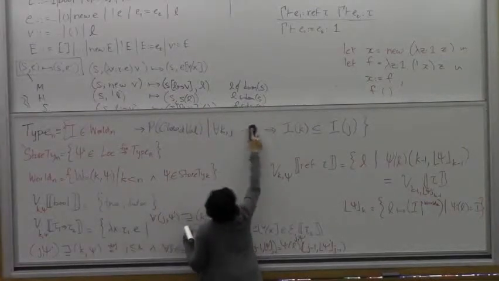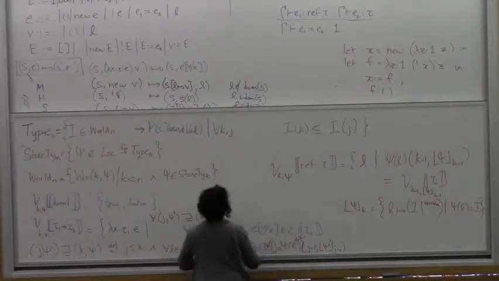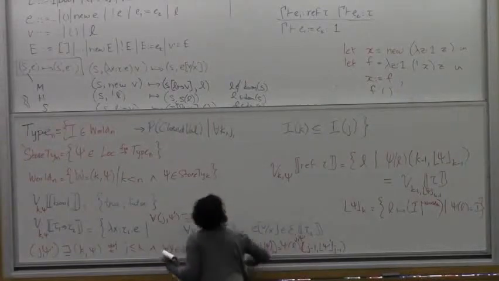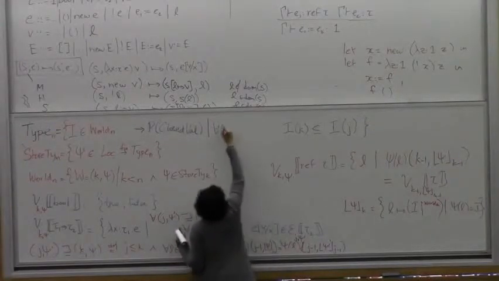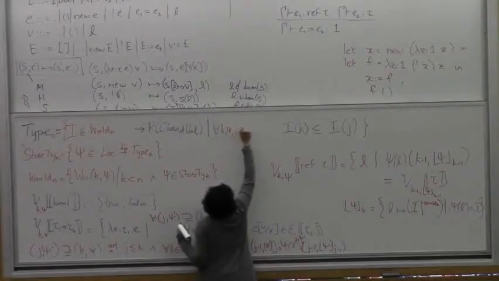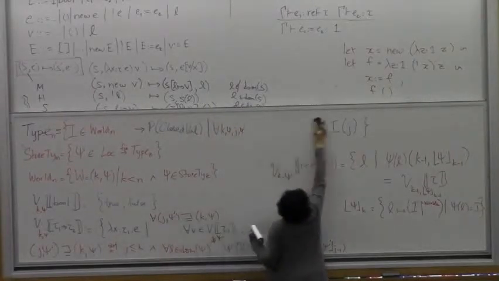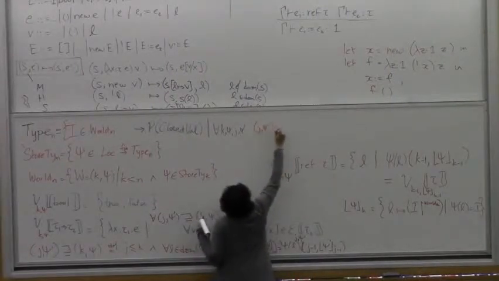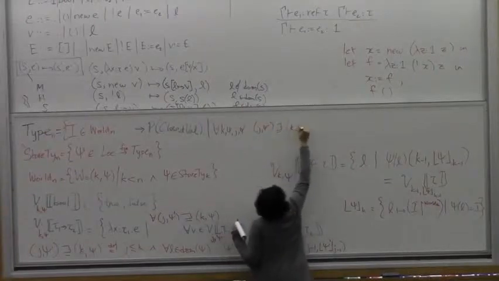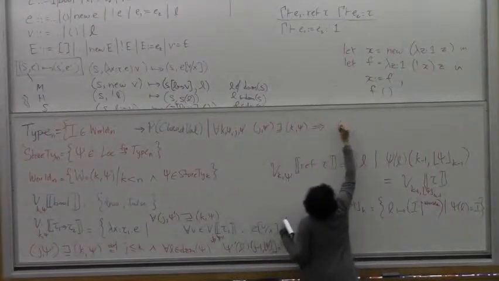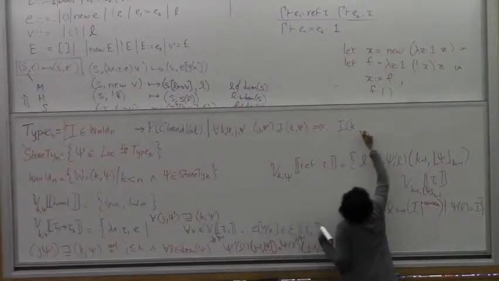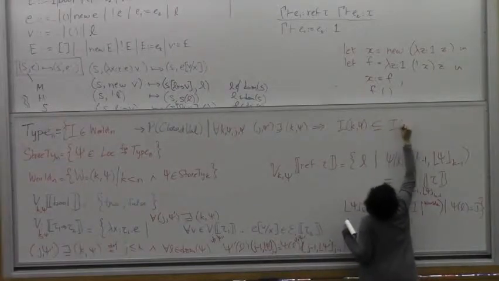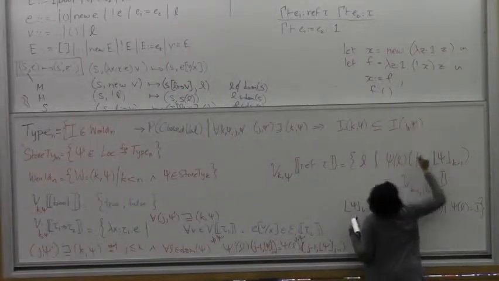So we need to say for all k, for all k psi j psi prime, such that if j psi prime extends k psi, then if a value belongs to a type interpretation in a current world, then it should belong to the type interpretation in a future world.